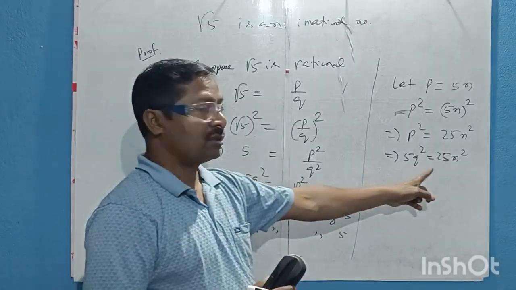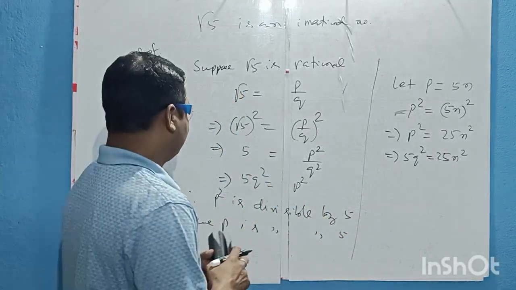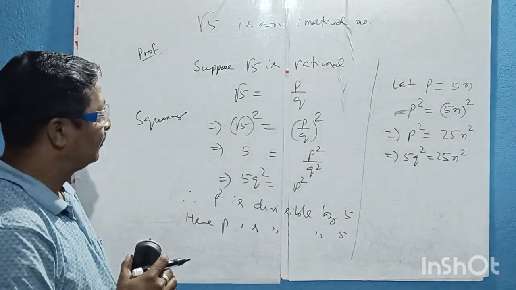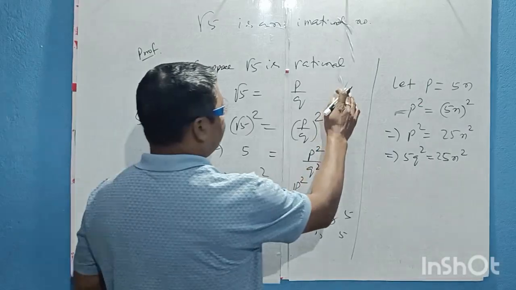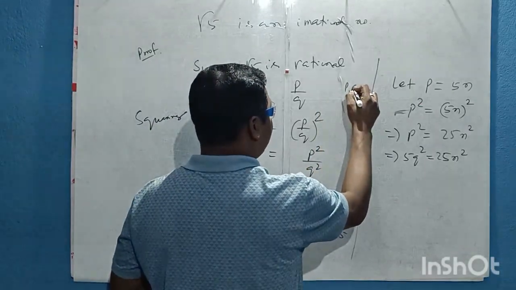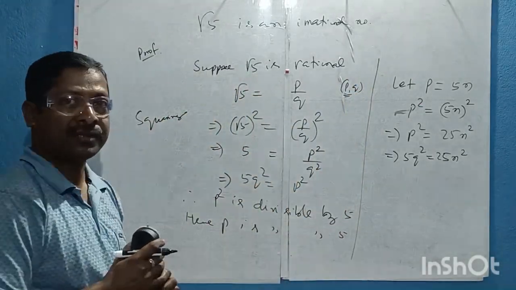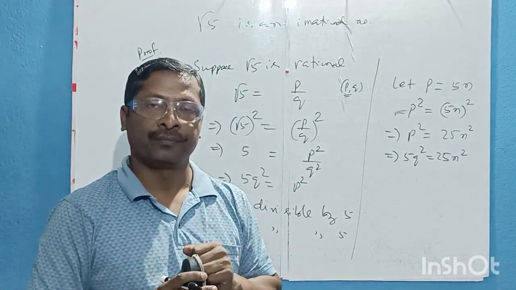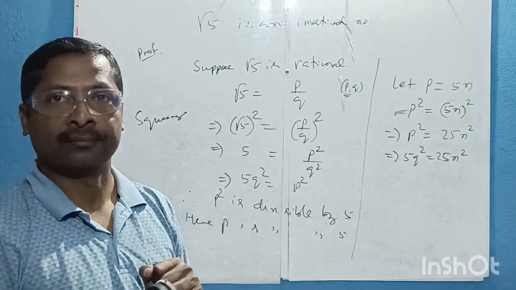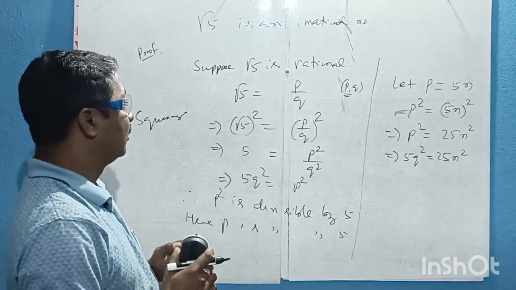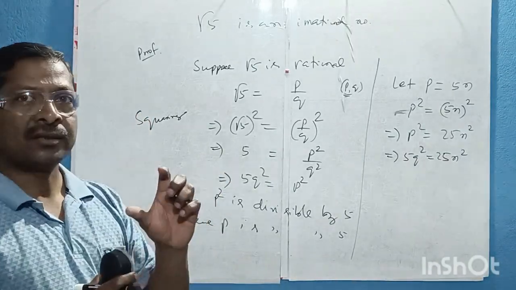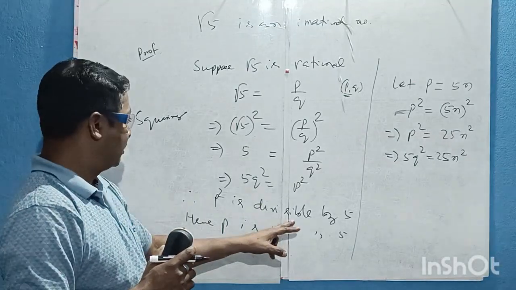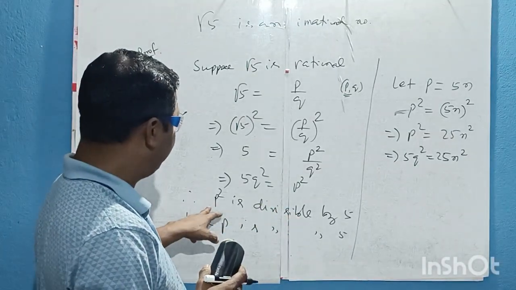Where I have got this line, I have the value of p square in q square form. What am I going to prove? I already have the data that p and q have HCF 1. It means p and q have no common factor other than 1. Okay, so I have to prove that sentence wrong. By this line, I have already proved that p is divisible by 5.